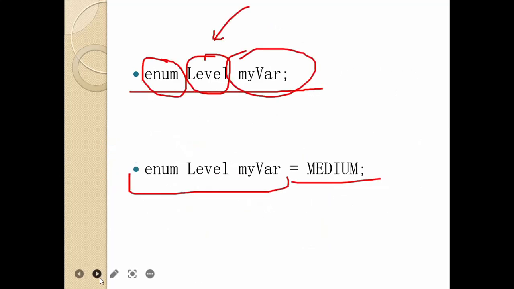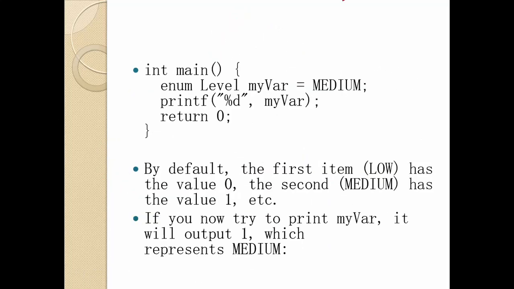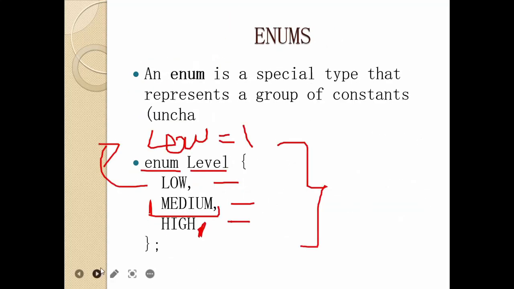So what is the use? If we declare enum level myvar is equal to medium, and now we try to print myvar, what it does is, if we have not put any value inside, by default it takes the value 0. First low was defined, then medium, and high.